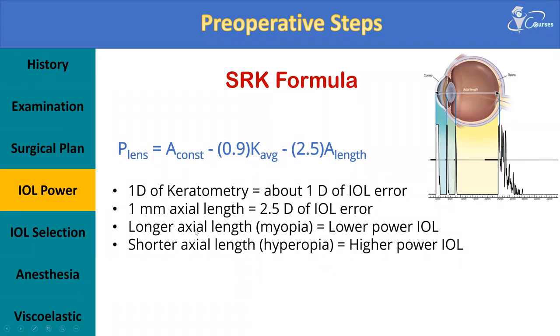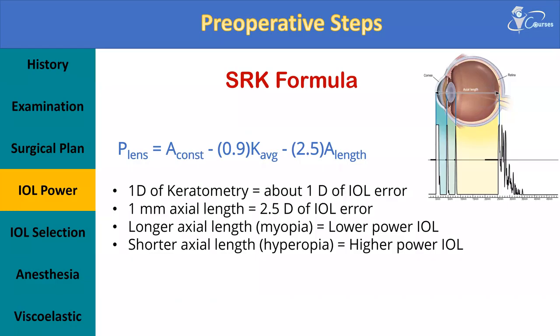If a patient has a longer axial length, meaning he is more myopic, he will have a low power IOL. For example, if a patient has an axial length of around 30 millimeter, you expect the power of the IOL to be around 4 to 5 diopters.